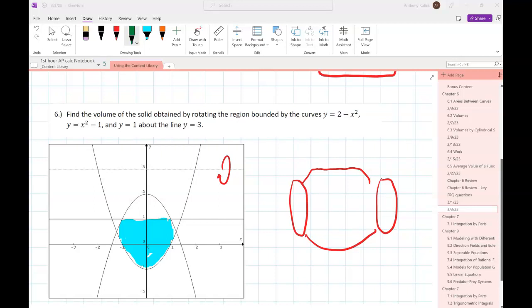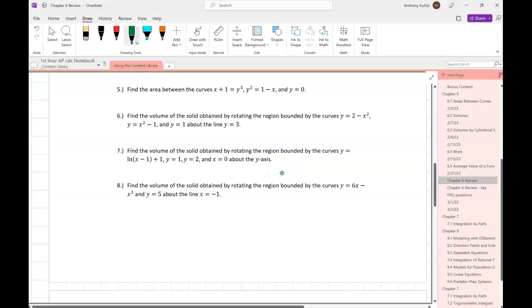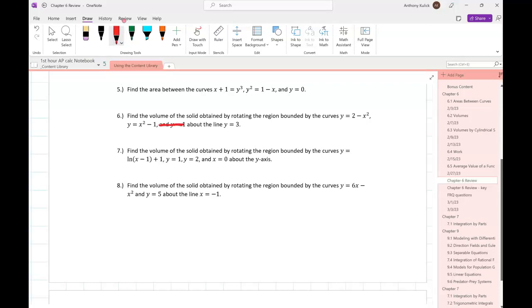I must have forgot to change it out when I was doing this. So the y equals form would be this. Yeah, that's my fault. We could do it still, but it's gonna stink. So we're getting rid of the y equals 1. Okay, classic.